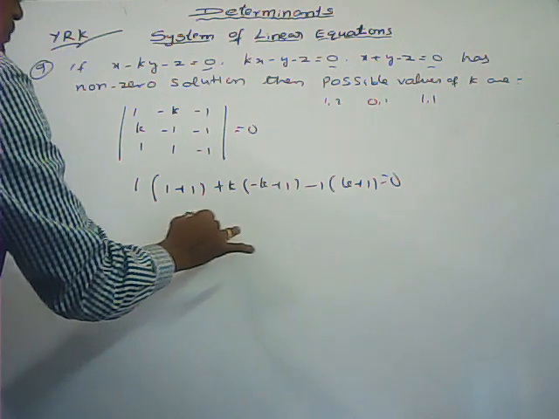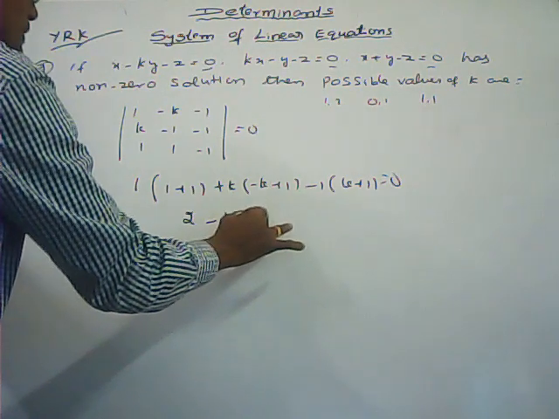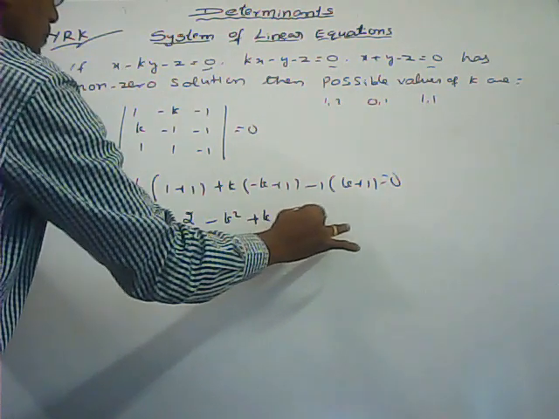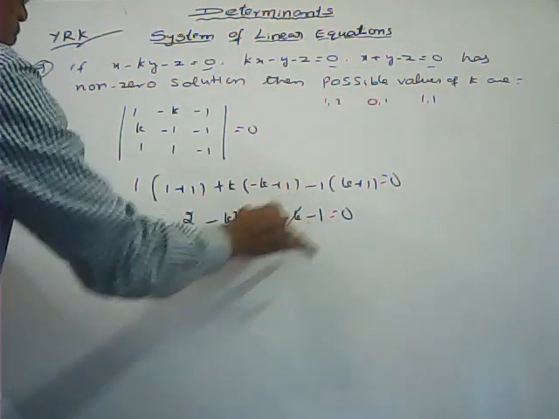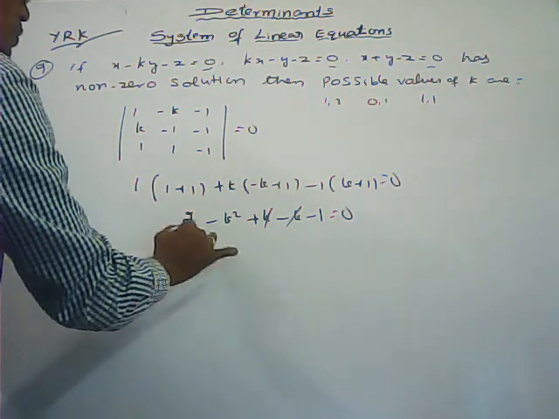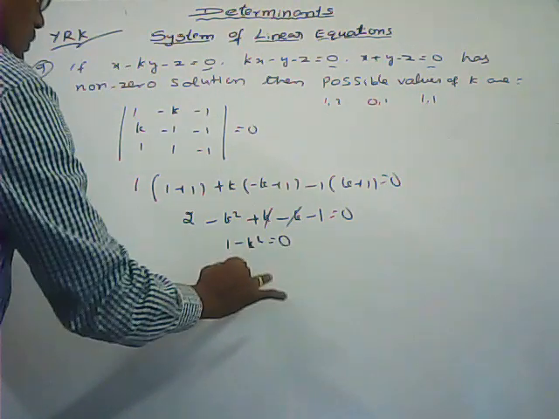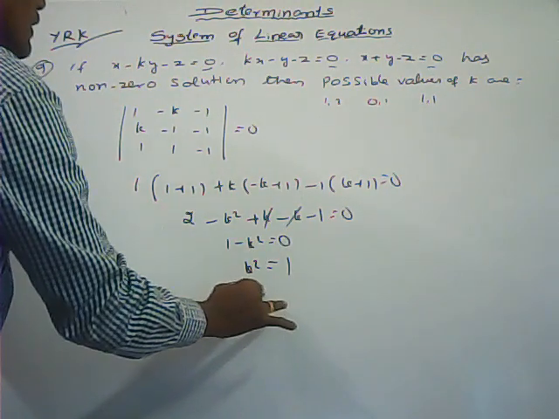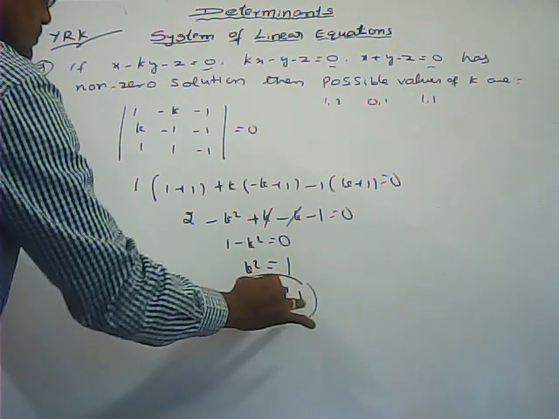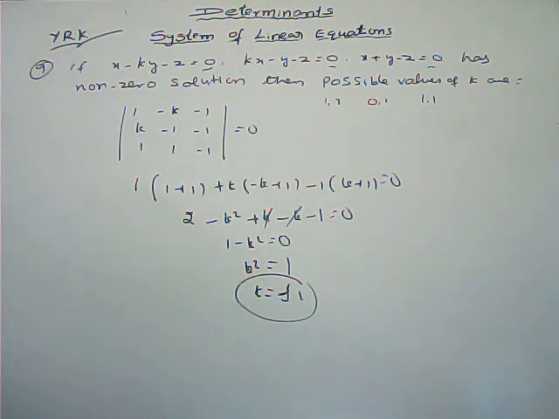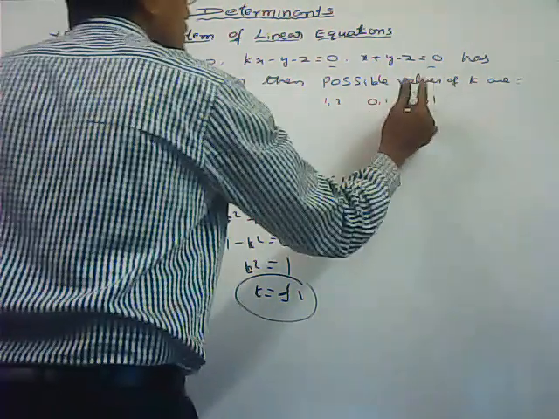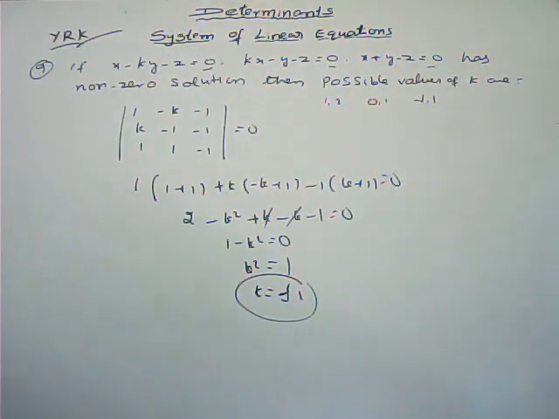This is 2 minus k square plus k minus 1 equals 0. Here these two terms get cancelled. 2 minus 1, 1 minus k square, that is equal to 0. k square is equal to 1. k is equal to plus or minus 1. Here one is 1, next one minus 1. So possible values of k are 1, minus 1.